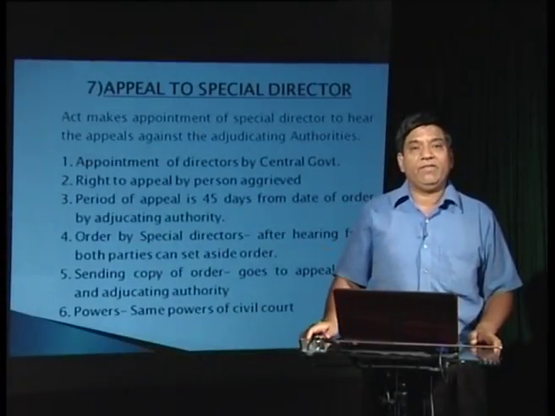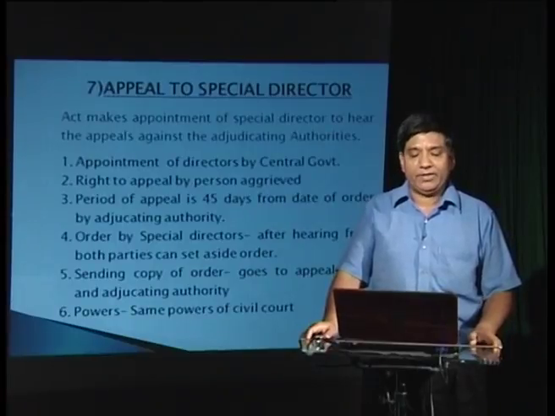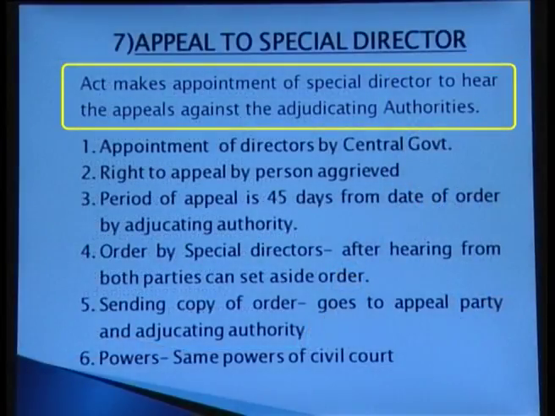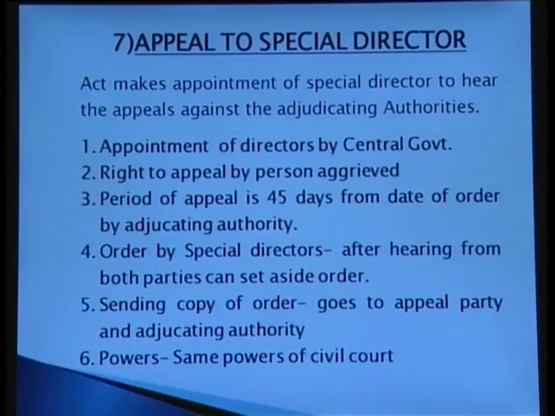Once the adjudicating authorities have given their judgment, if any party is not satisfied with that, then the FEMA Act 2000 makes further provision for the appointment of a special director, and an appeal can be made to the special director. This is part 7 of the Act. The Act makes the appointment of a special director to hear appeals against the adjudicating authorities.